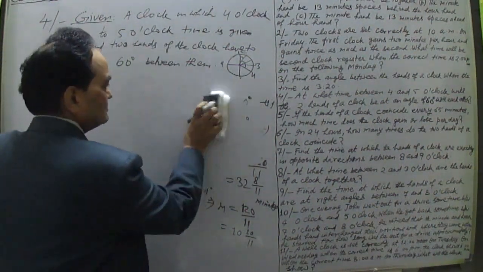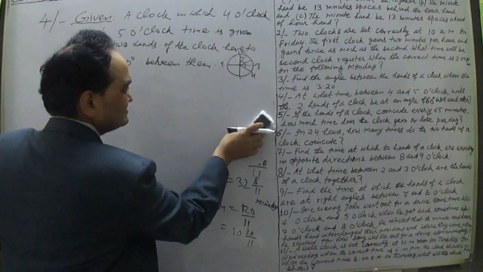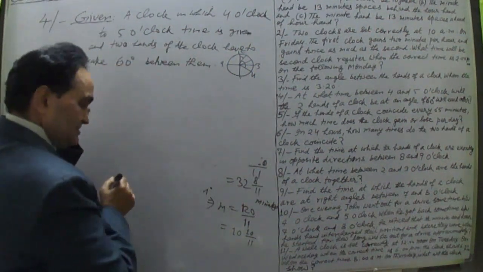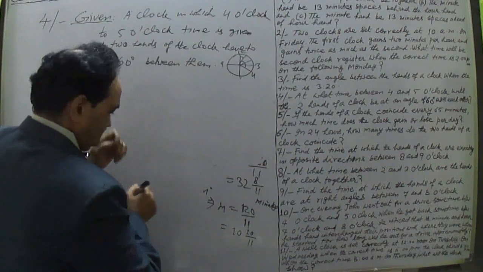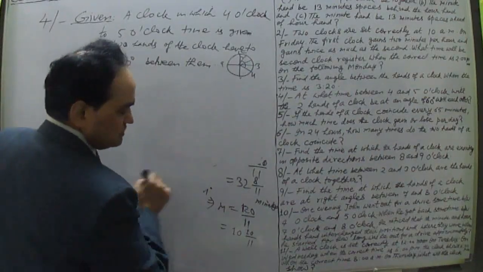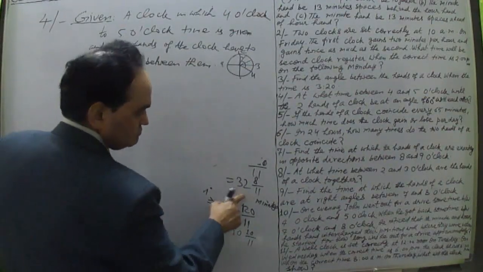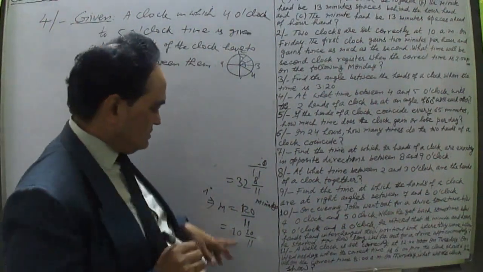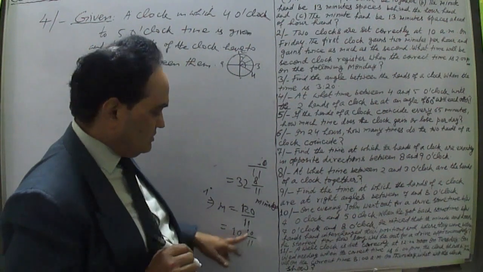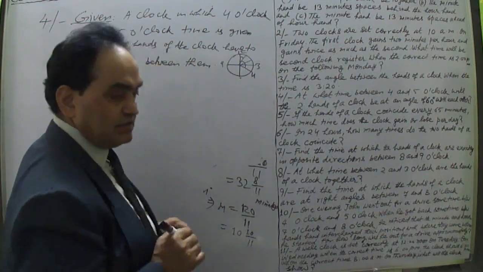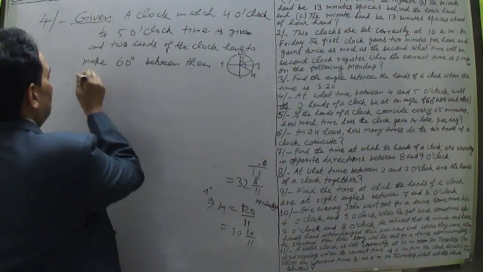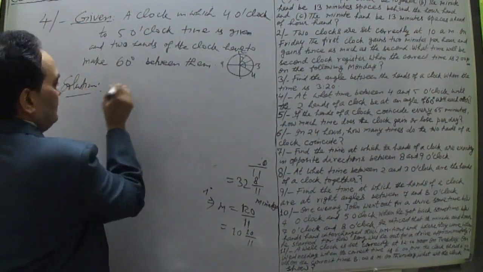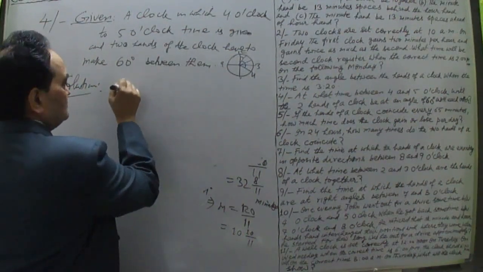So what will be the difference? Between 4 and 5, it is 4:32 and 8 upon 11. Okay, so the minute hand and hour hand will be at 10 and 10 upon 11. Therefore, the solution is the answer.